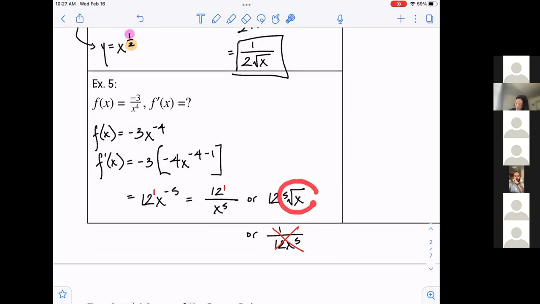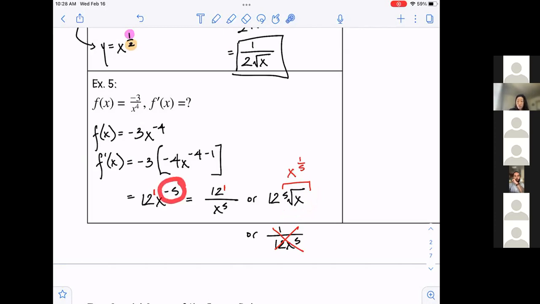Why is this part incorrect? This is a really common misconception. This is secretly saying x to the 1/5. But that's not what this says.